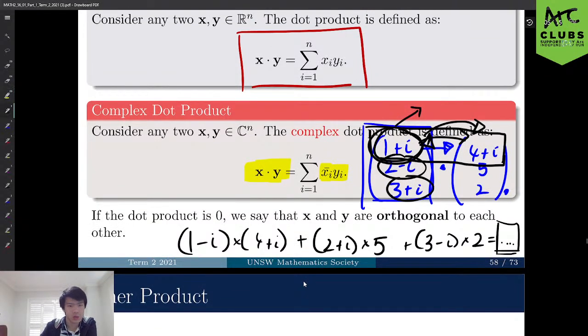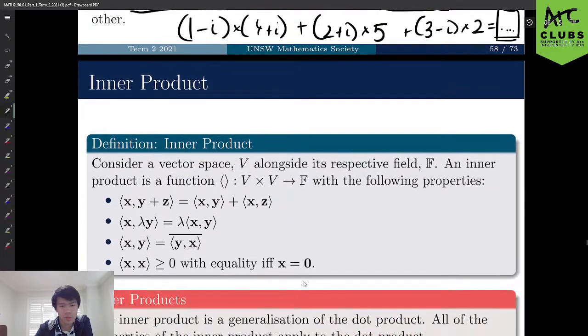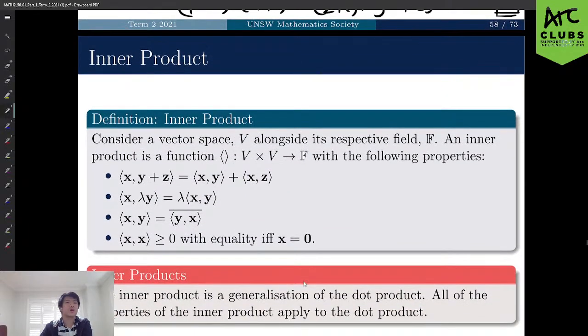If the dot product is equal to 0, remember this from first year, then x and y are called orthogonal. It turns out that dot products and complex dot products are all a type of a broader concept called the inner product. The inner product is defined as a function that maps two elements.